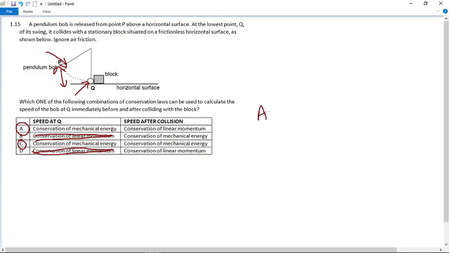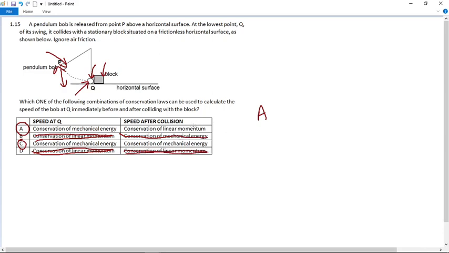Because we've got two objects, the momentum of object Q before the collision plus the momentum of the block before the collision will be equal to the momentum of Q plus the block after the collision, because they are now together. We can't use the conservation of mechanical energy here. It won't really work very well, but linear momentum we can.